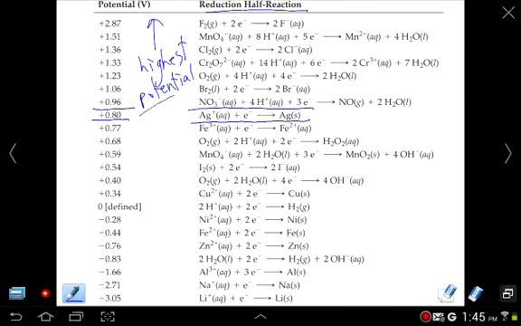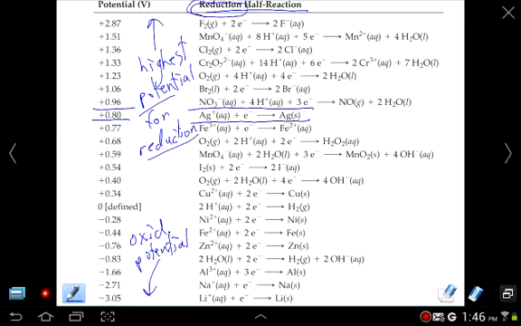We could have listed this with oxidation potentials, but this is how it was customarily set up. So the highest potential for reduction is at the top, and at the bottom we have the opposite, the highest oxidation potential. This is called a reduction potential table.